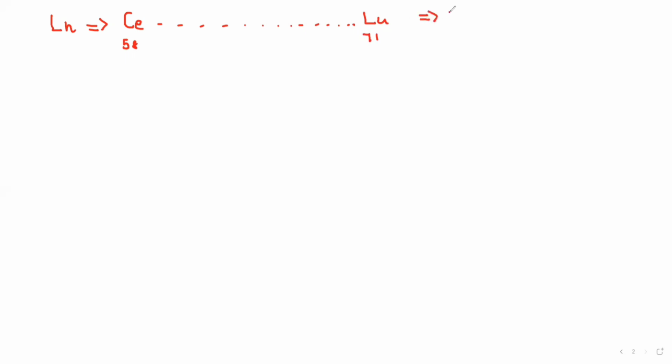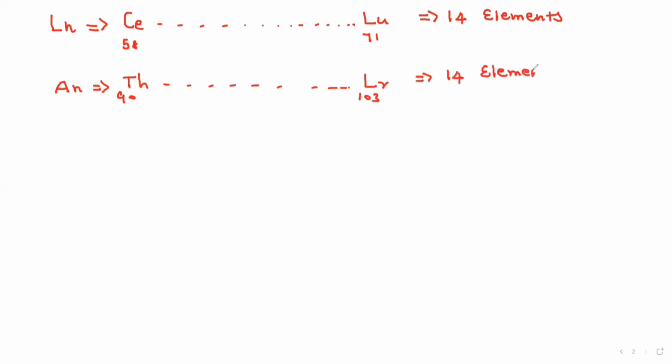A total of 14 elements. In the case of the actinides, An, the elements are thorium, 90, to lawrencium, Lr, atomic number 103. Again 14 elements are present.